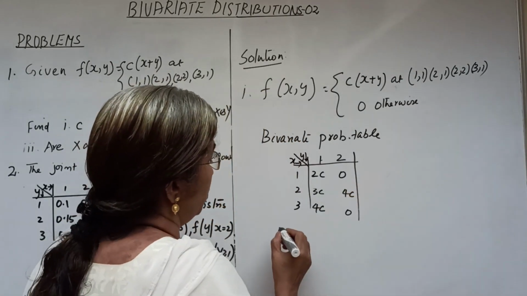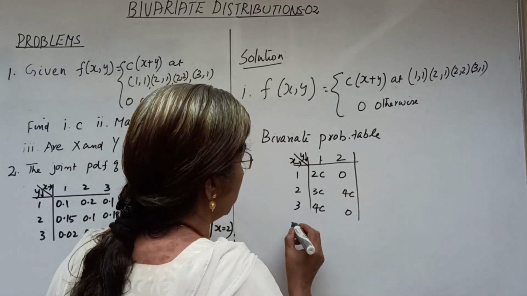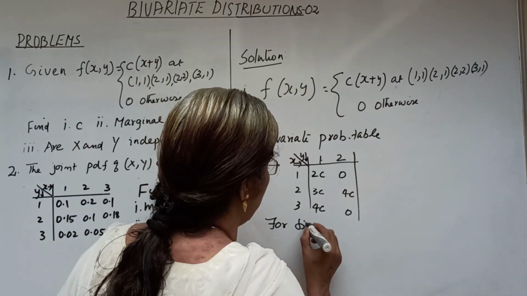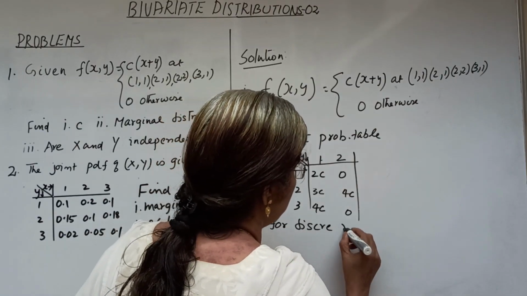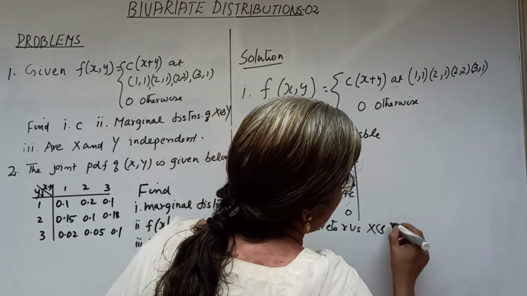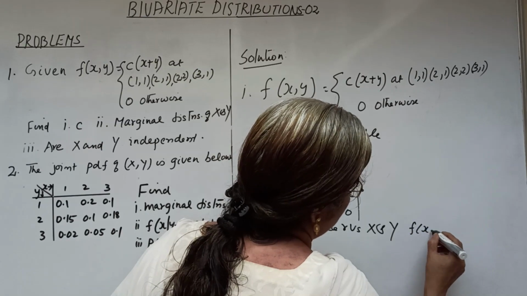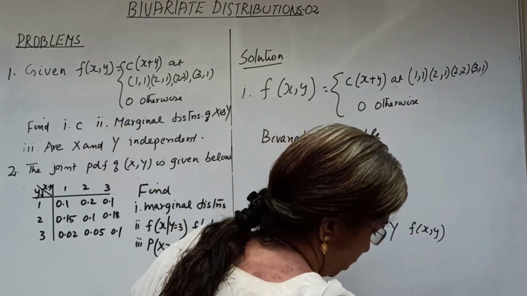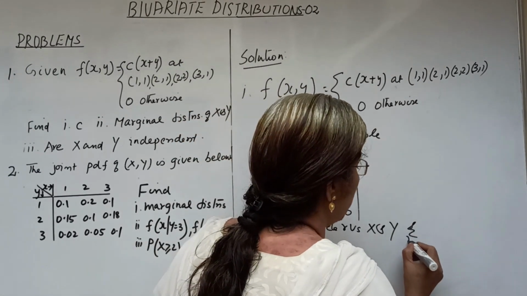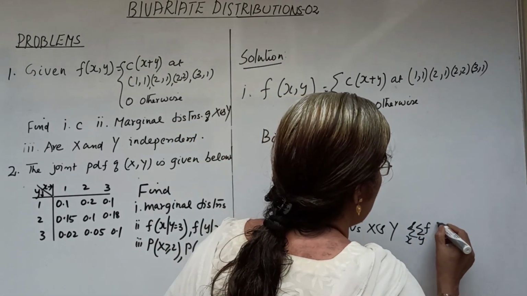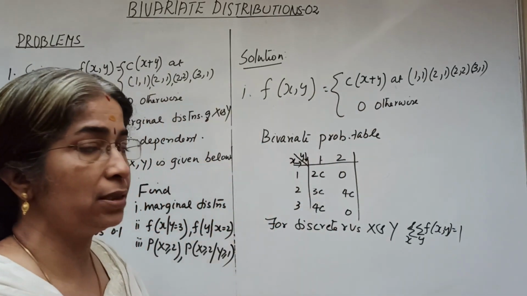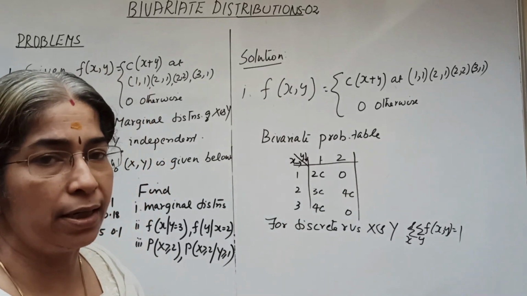And we have the property for discrete random variables x and y. For f of xy, the joint PDF, f of xy gives the probability, so that sigma over x, sigma over y, f of xy equal to 1. That gives the total probability equal to 1.